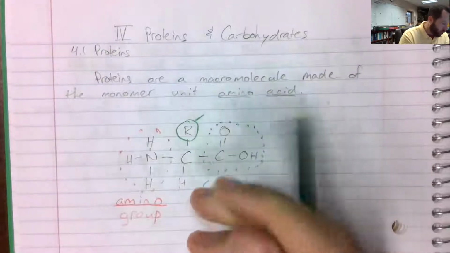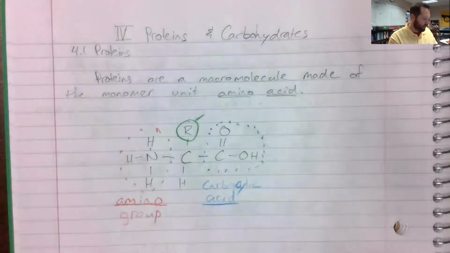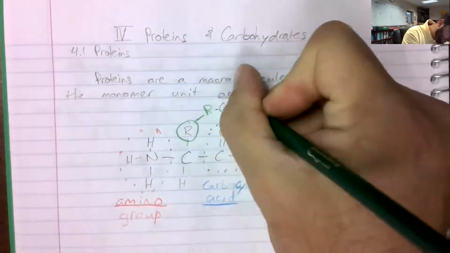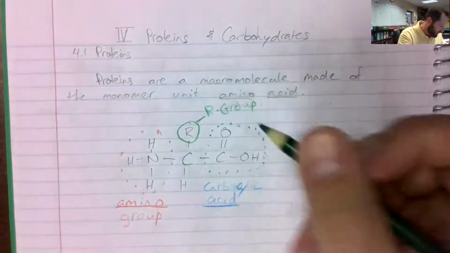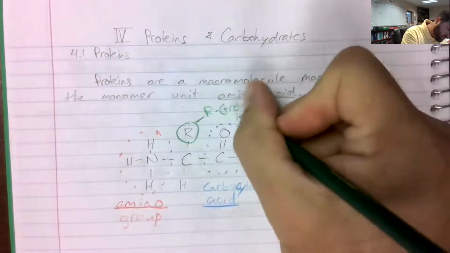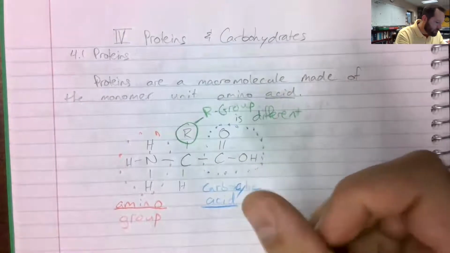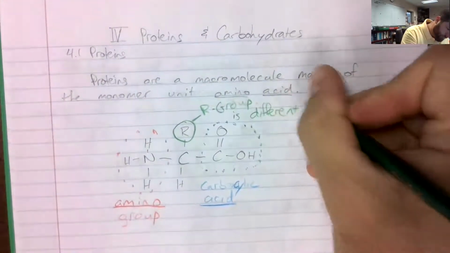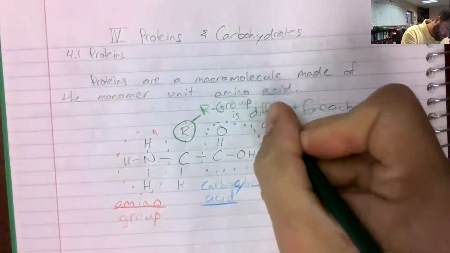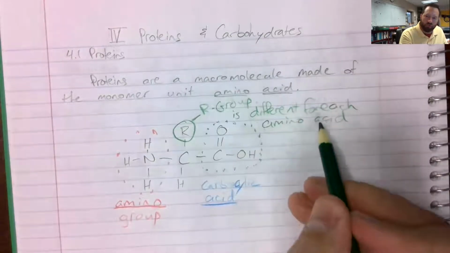Up on top, this R group, this R is like a variable, like X or N in math class. So it could be a lot of different things. So it's different for each amino acid.